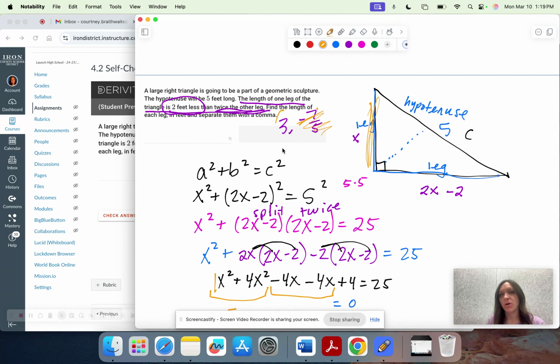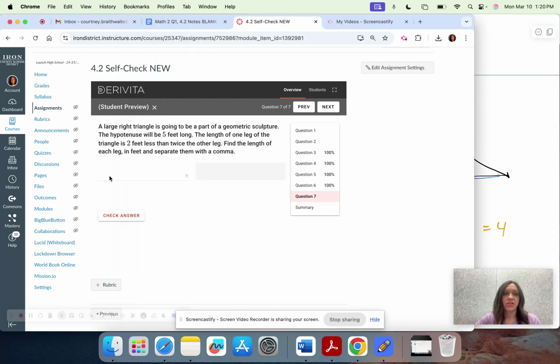No. So I'm only going to put the 3 in for the x's. So one leg is 3, and the other leg is 2 times that. So 2 times 3, and then 2 less than that. So 6 minus 2 is 4. So my two lengths are 3 and 4.